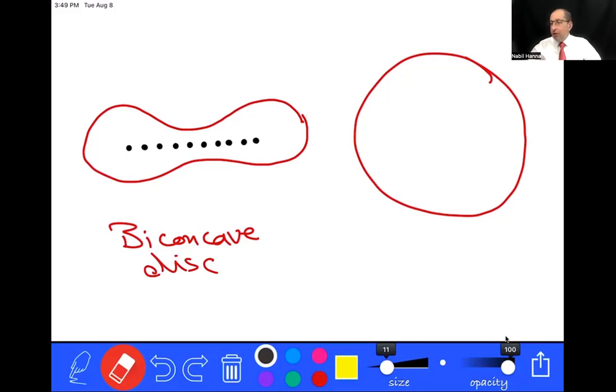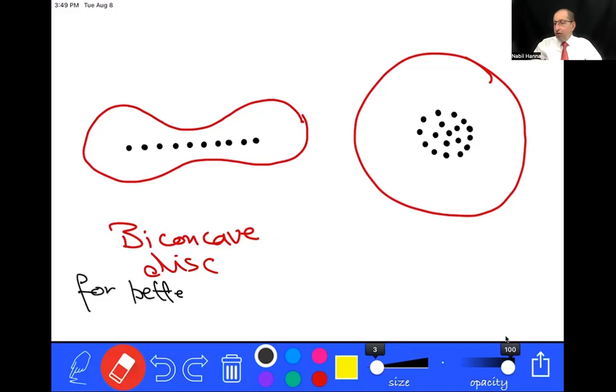In contrast to the spherical pattern, where the oxygen molecules in the middle of the red blood cell are not that accessible to the cell membrane. So the biconcave disc enables better oxygen delivery.